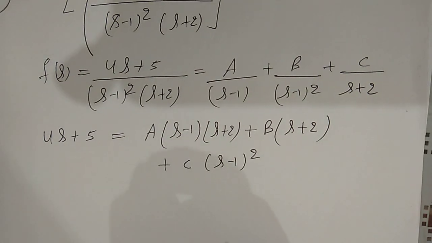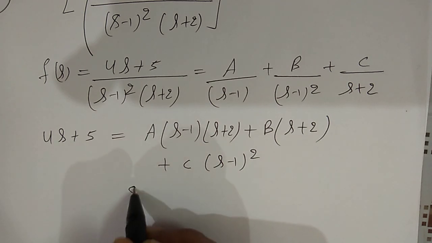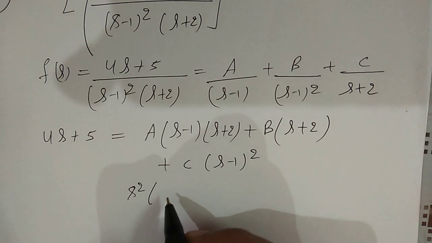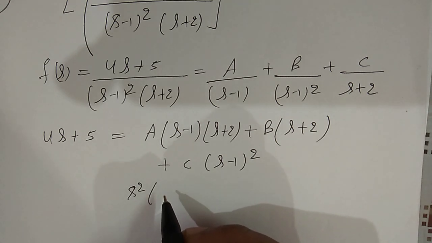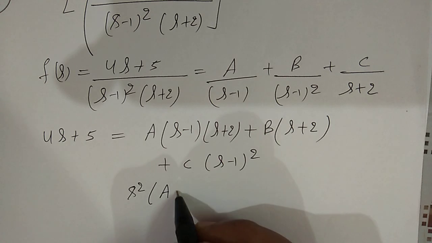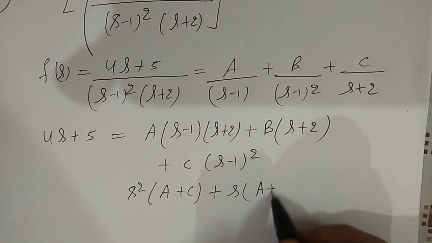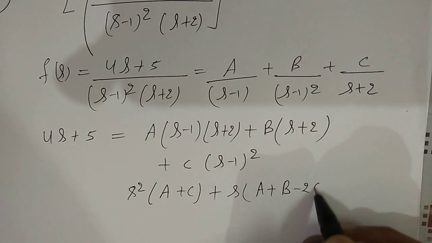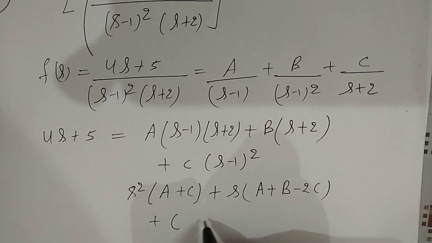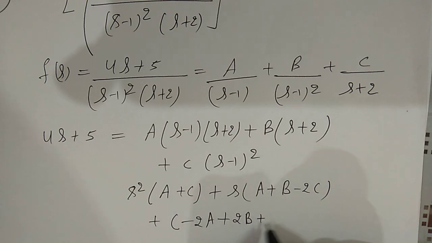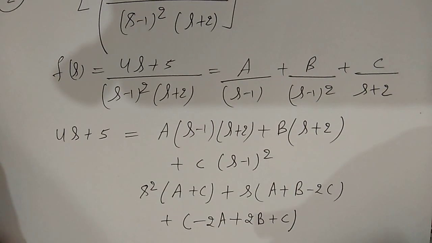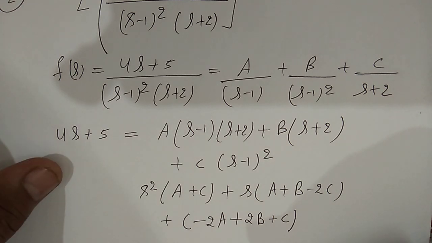If I collect the coefficient of s², we get A plus C. If you collect the coefficient of s, we get A plus B minus 2C, and the constant term is minus 2A plus 2B plus C. Now compare the coefficients of s², s, and the constant term on both sides. The left hand side has no s² term, so that will be 0.